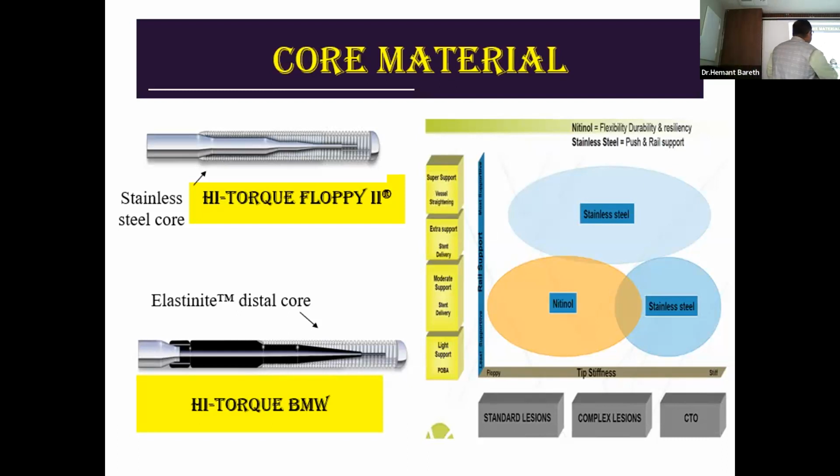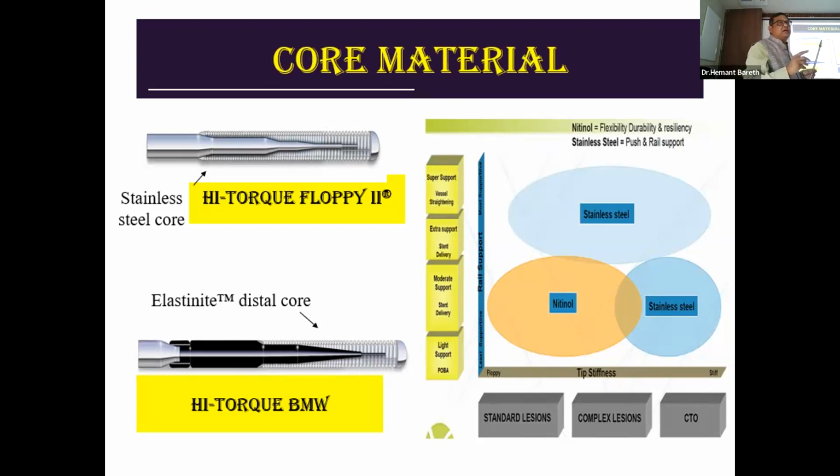And here you can see what is the importance. Nitinol will give you moderate support, but it will not give you high support. Right? So for standard lesions, you use something like this, but for complex lesions, you generally require a stainless steel core.